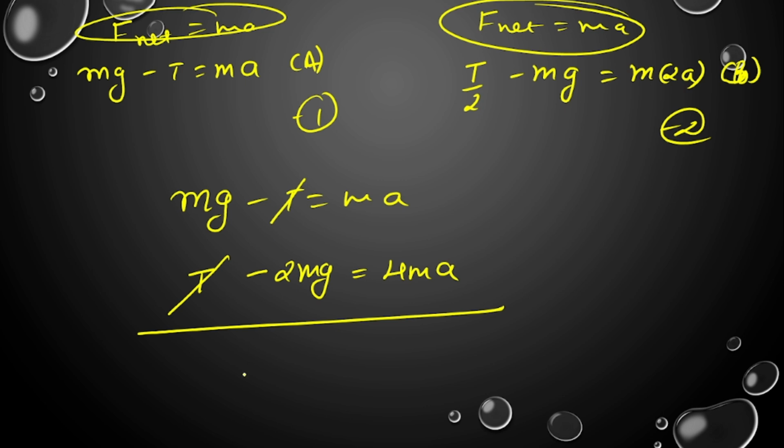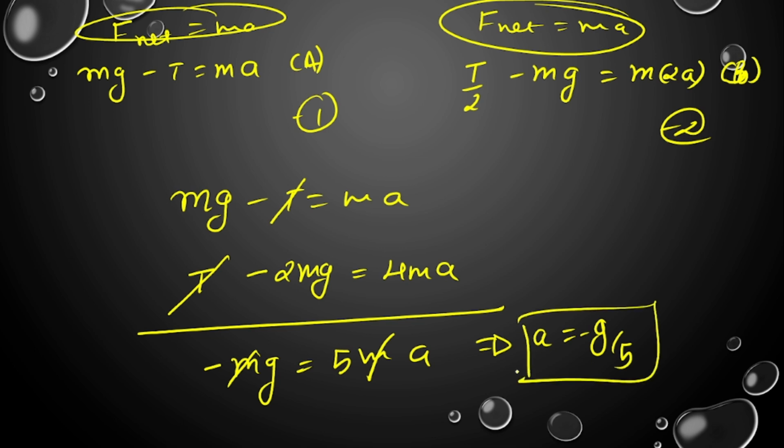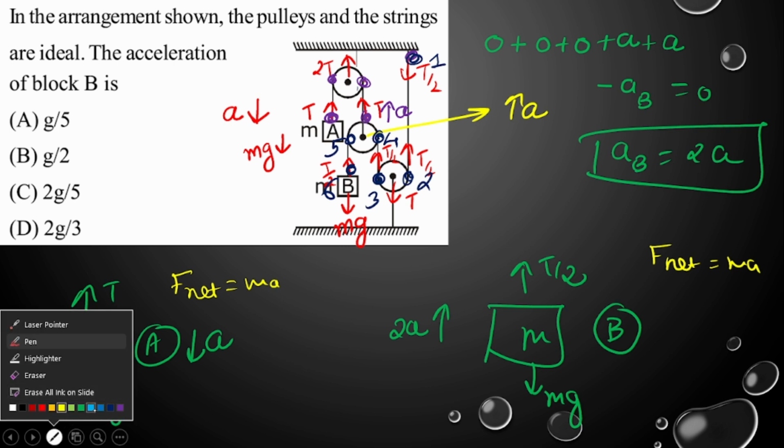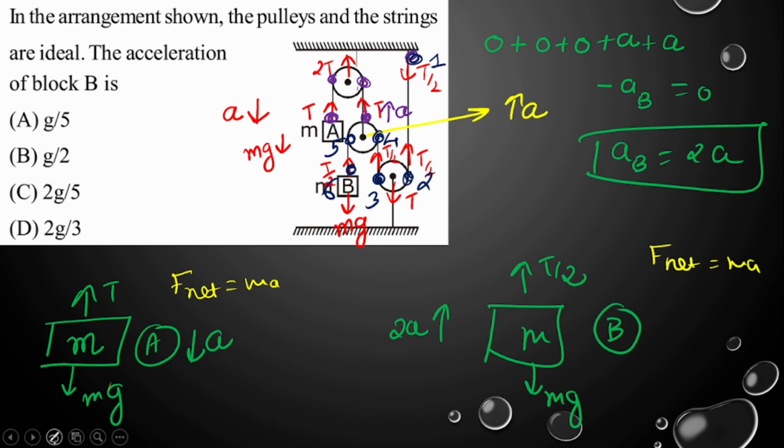So m and m are gone, and the acceleration is minus g by 5, which means the direction we have considered is opposite to the actual direction. So the actual acceleration of this point is g by 5 in the upward direction, and for this point it will be twice, 2g by 5 in the downward direction, and they have asked for the acceleration of B, that is 2g by 5 in the downward direction.